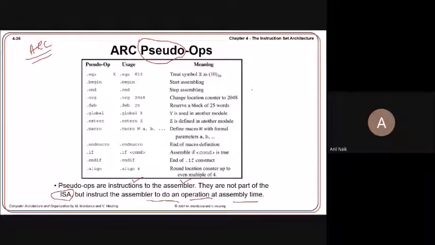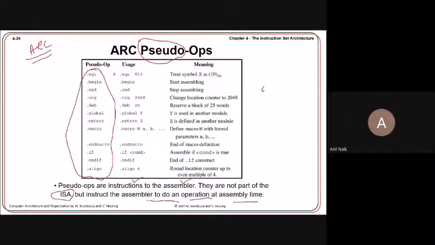Roll number 19, right? It means it is an instruction to the assembler. These are the pseudo operations, pseudo operations to the assembler.